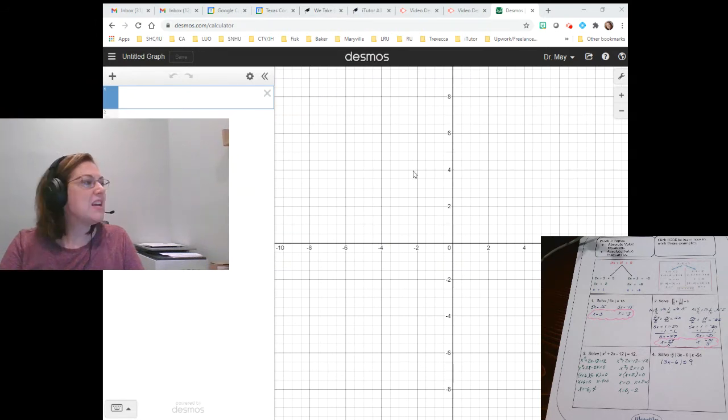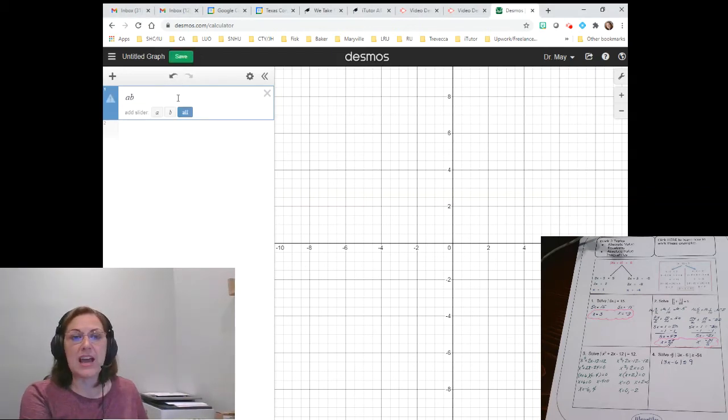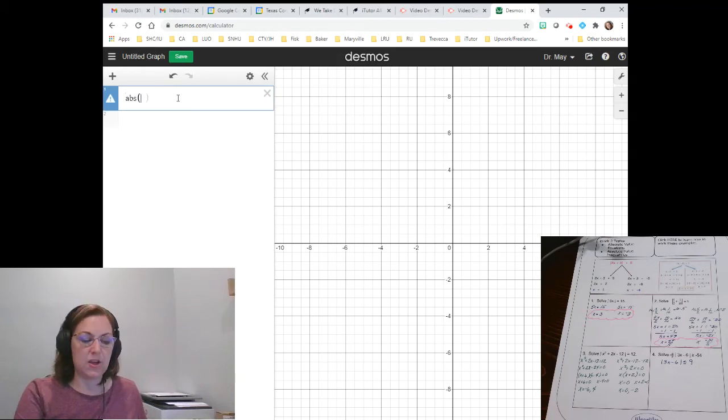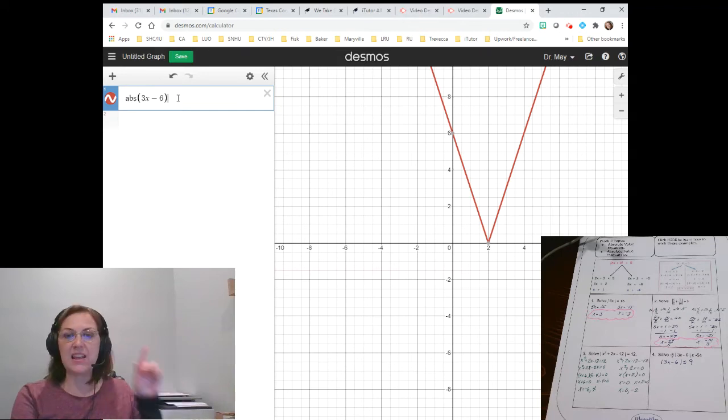There we are. Now, what you're going to do with your Desmos graphing calculator is put the left side of that inequality in here. Now, to type absolute value, you're going to do ABS and then parentheses 3x minus 6. See how the graphing calculator graphed it for you. Now press enter.